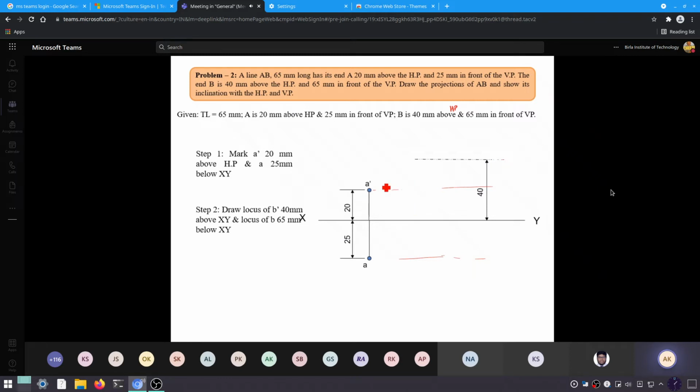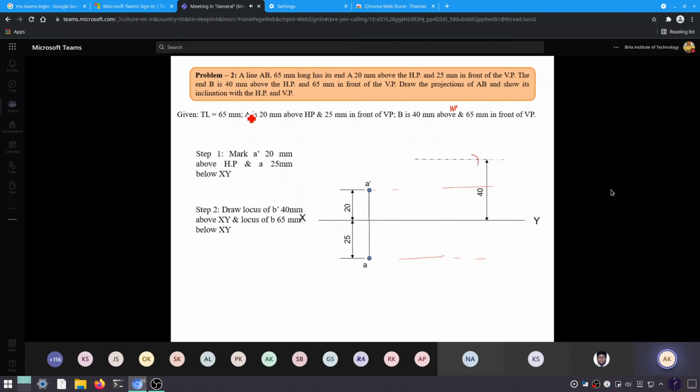Now open your compass of 65 mm and make an arc from point A. So mark 65 mm, let's just say like this, and you'll make it over this line. Fine.